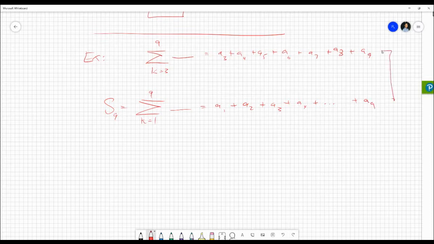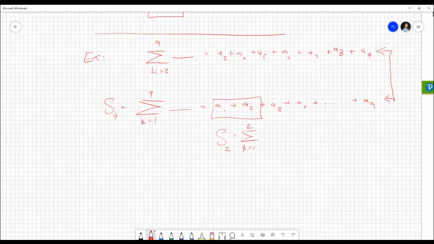What is the difference between these two series? Well, only the first 2 terms, right? Now, can you represent the first 2 terms by using a series? Yes, you can. So this piece right here is equal to S2, which is the sum for K equals 1 to 2.